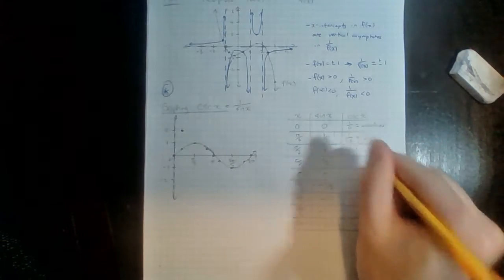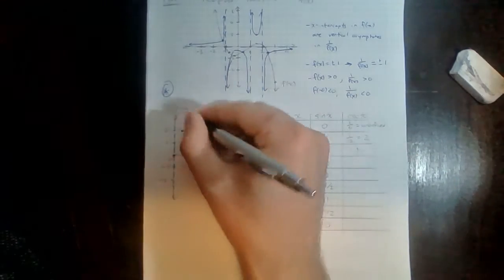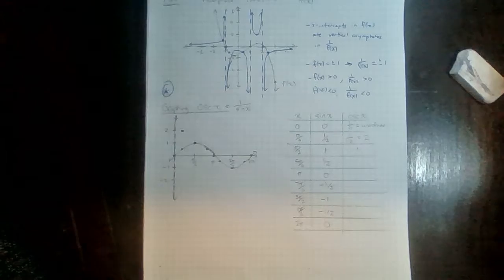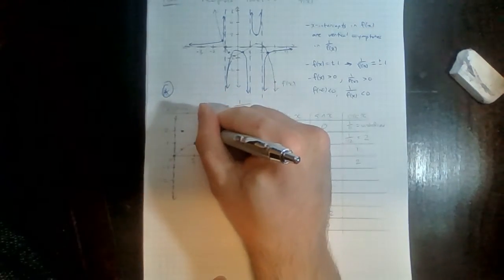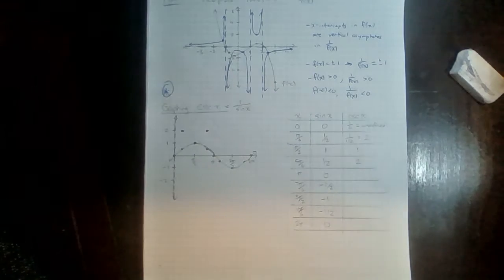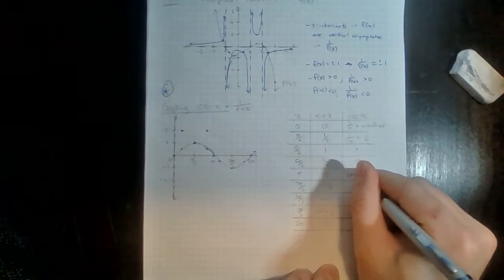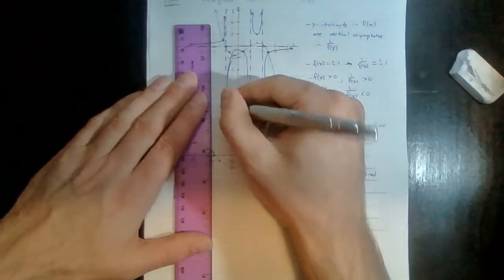Inverse of 1 is still 1. Again, the inverse of 1 over 2 is 2. And then we're back to another point where we're going to be undefined. We're going to have another vertical asymptote at x equals pi.